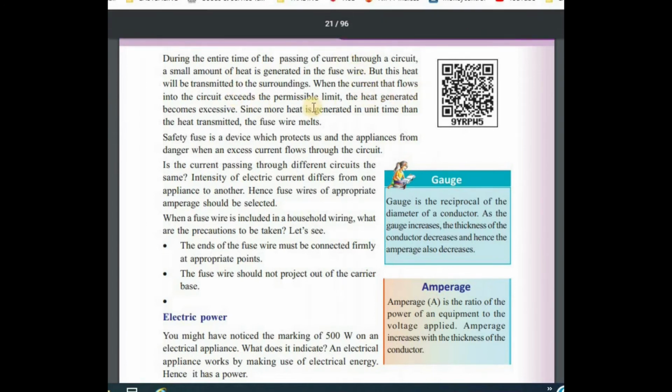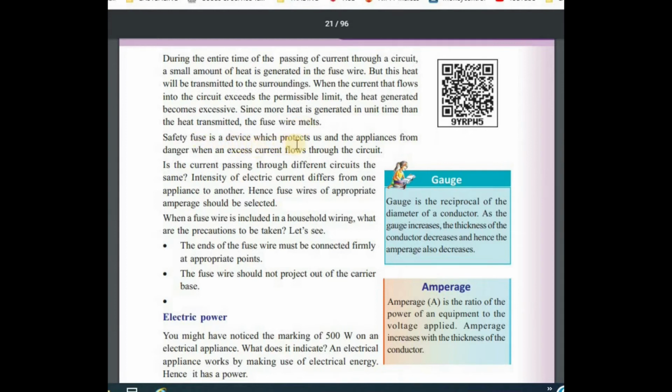But when the current that flows into the circuit exceeds the permissible limit, the heat generated becomes excessive. What it means, when the current flows excessively, more heat will be generated and the fuse wire melts.